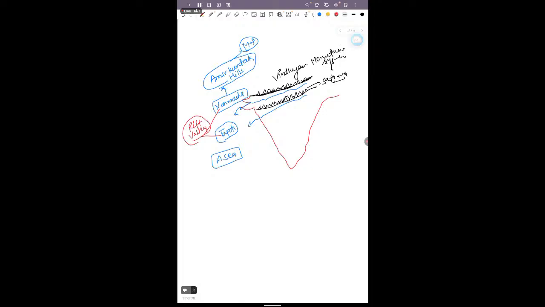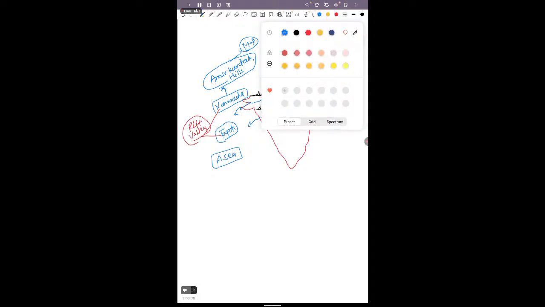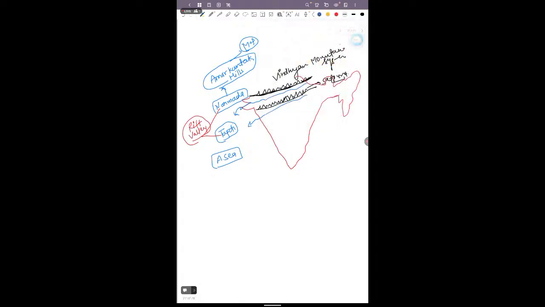And if we talk about the Peninsular Plateau, it is also found in the region of the Meghalaya Plateau.